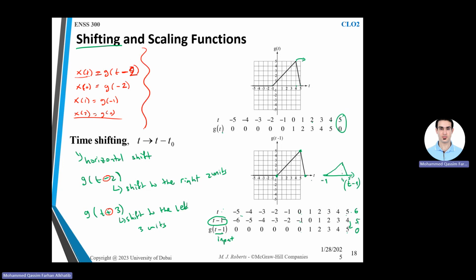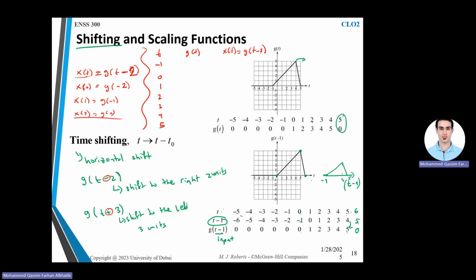So let's do the table here. Now notice points in time will be a little bit varying. So let's start with t, g of t, x of t equal g of t minus 2. Now -1, 0, 1, 2, 3, 4, 5. We will later find that until 5 is not enough.